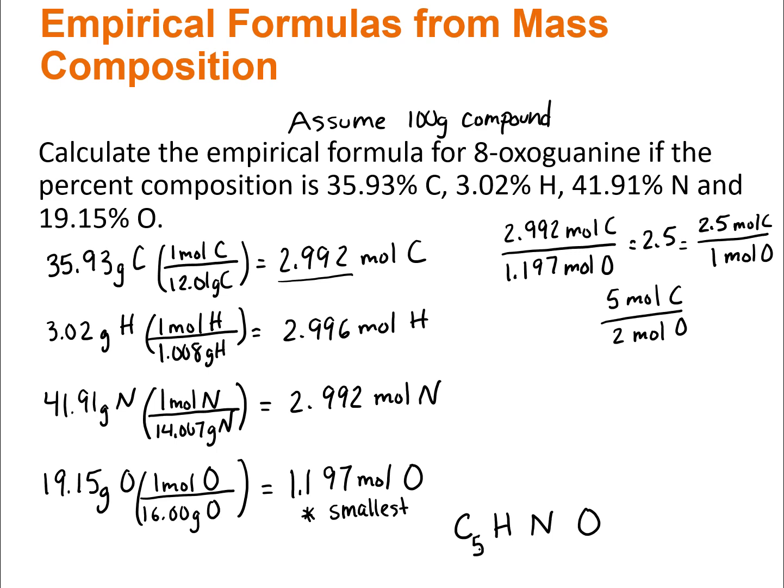We can fill in the 5, and we can fill in the 2. The hydrogen and the nitrogen are going to give you the same ratio. You can do it all out, and you'll get the same thing.